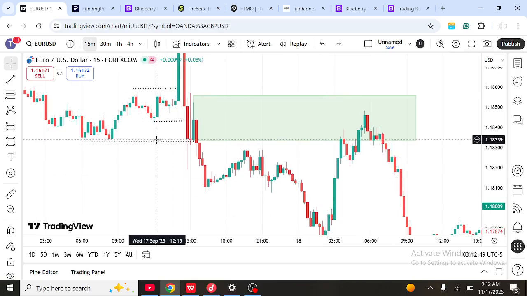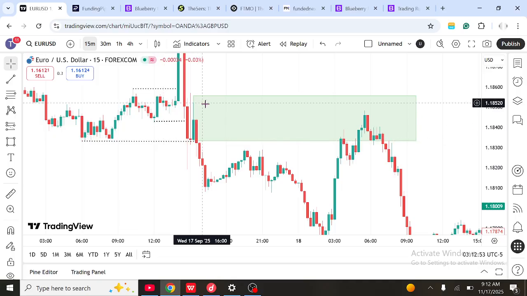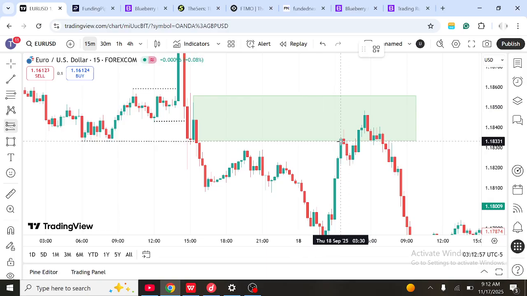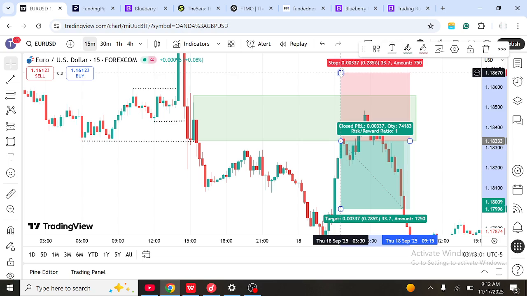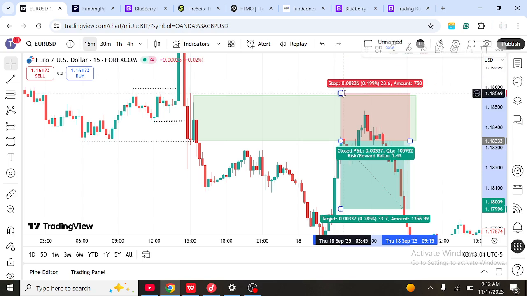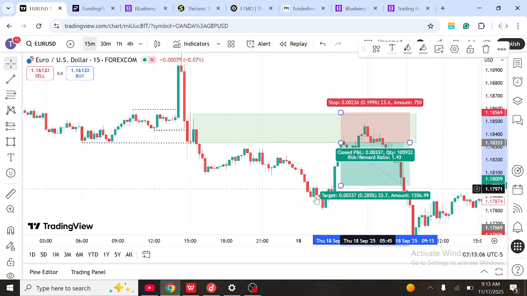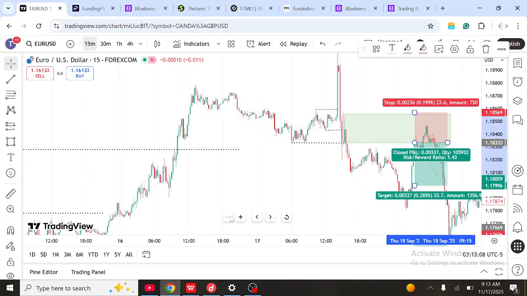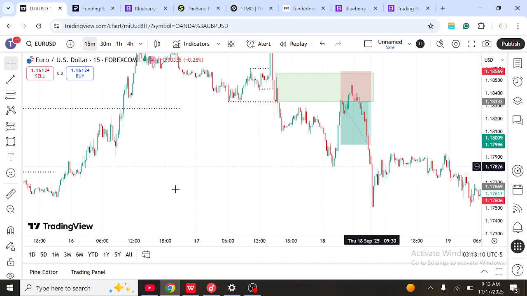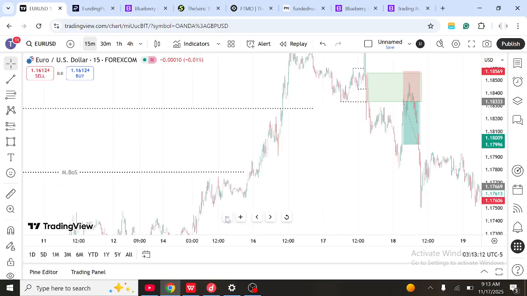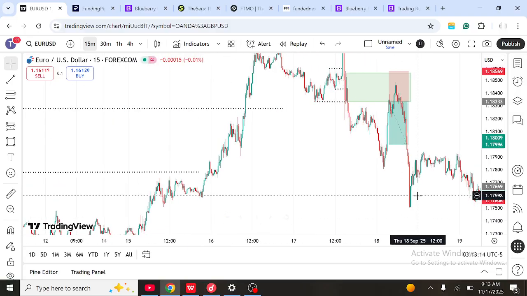So we are using this now as a change of character, and then this is our order flow. So entry will be here. Entry will be what? At the beginning of the order flow. Stop loss slightly above it. Our TP is what? 1:5. Okay, 1:5. That's our TP.